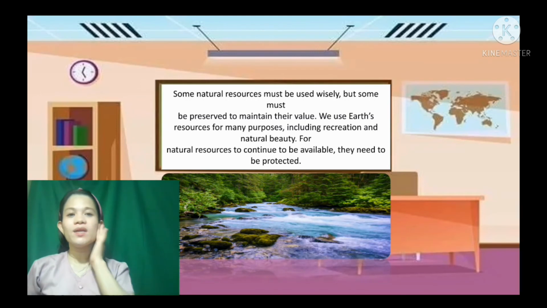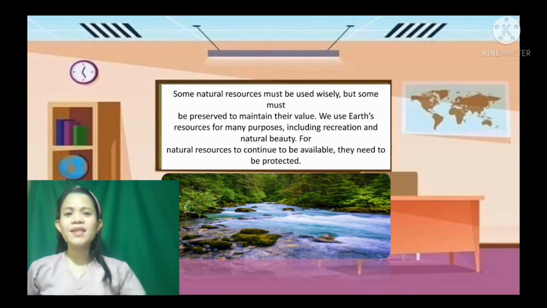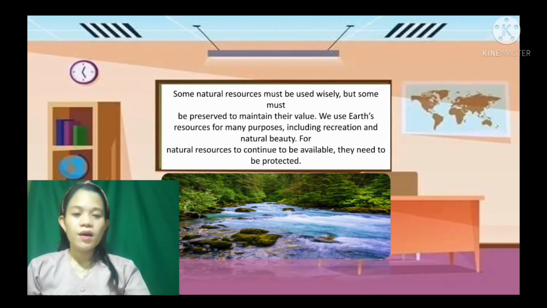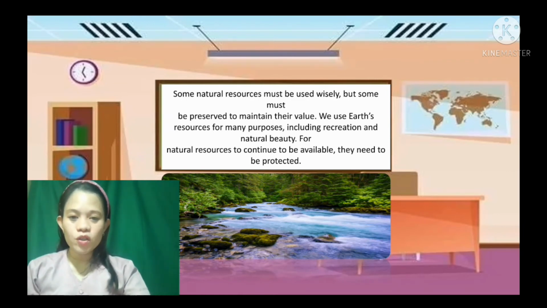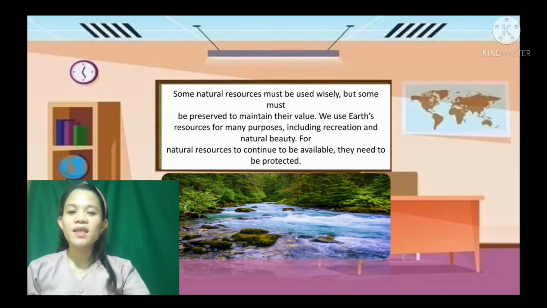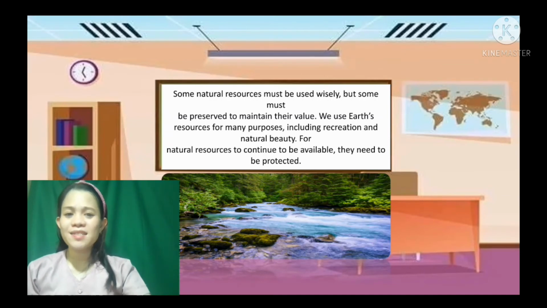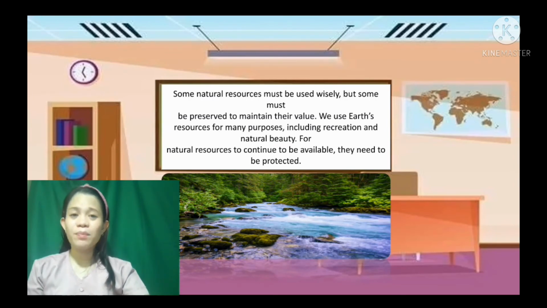Okay, tulad ng mga ilog natin para hindi tayo magkakaroon ng baha. So, kung nakikita niyo po sa picture, gaano po kalinaw yung tubig. Okay, dahil walang nagtatapon ng mga basura. So, unlike sa mga cities area, okay, barado na po yung mga ilog nila. It is because sa mga basura na tinatapon nila.